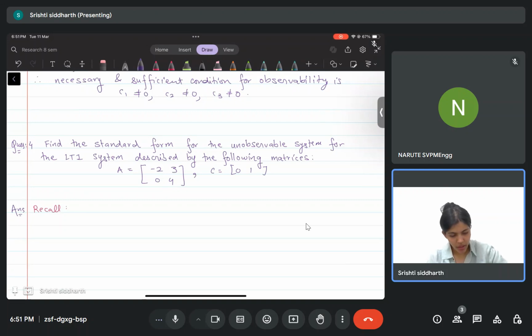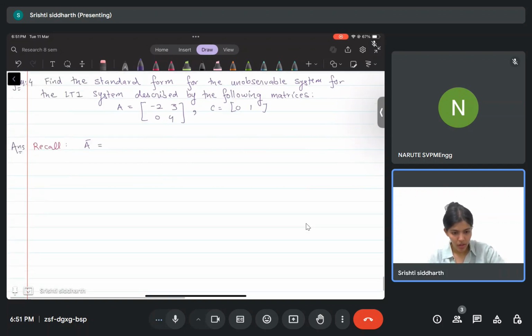So I'm going to write that down as A bar, which is the observable part, 0, and then the unobservable part.